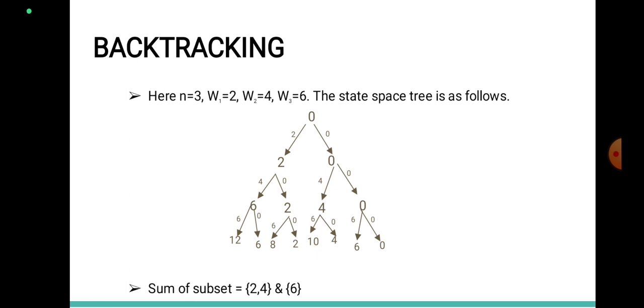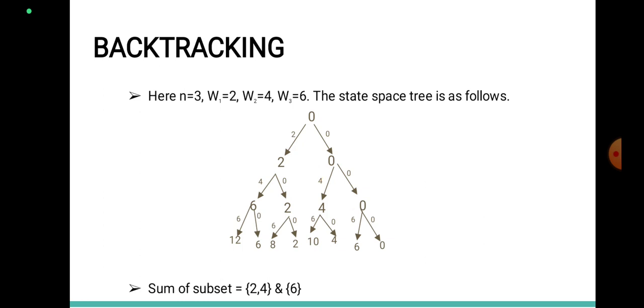Now we use 4. For the branch 2, we have 2 branches: 2 plus 4 is 6, and 2 plus 0 is 2. Similarly, for the branch 0, we have 0 plus 4 is 4, and 0 plus 0 equal to 0.